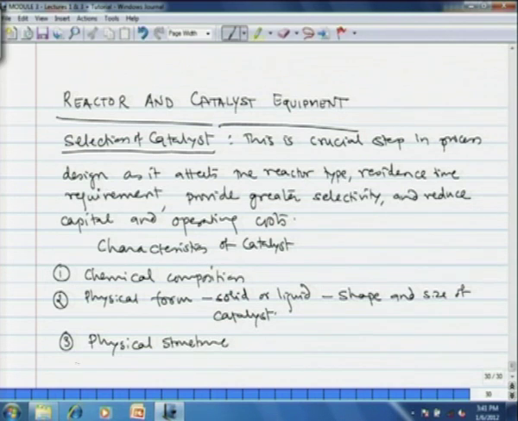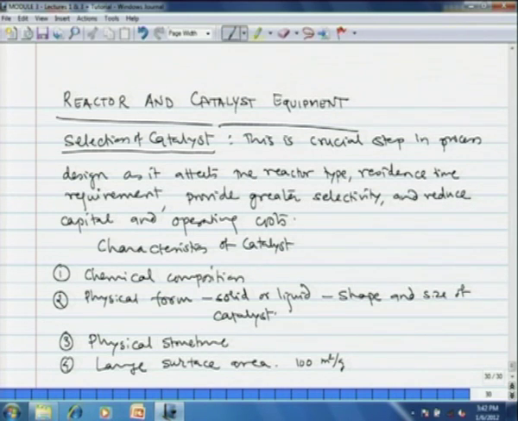Finally, we also like to have as large a surface area as possible. Typically, the surface area is in the order of 100 meter square per gram. Such large areas are obtained by using solids that contain micro and mesopores. Typical catalyst supports are inert solids such as alumina, silica, aluminosilicate, and the active catalyst species is usually deposited on the surface of the support.